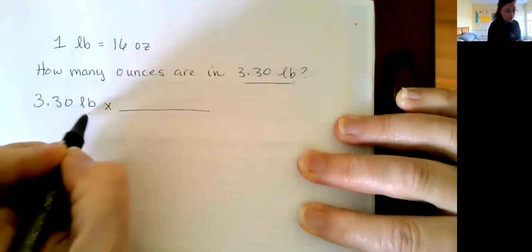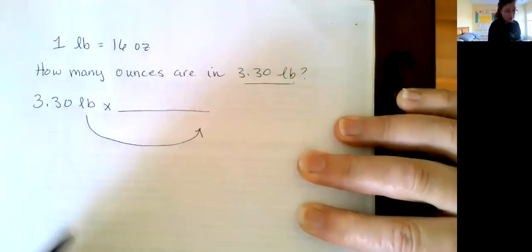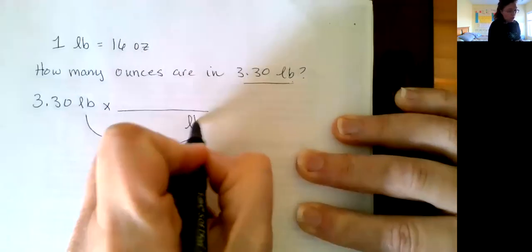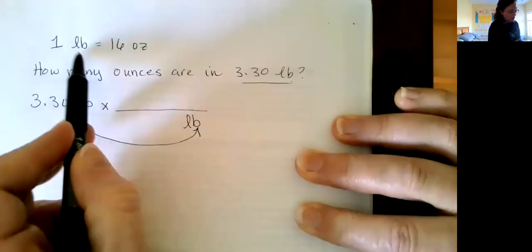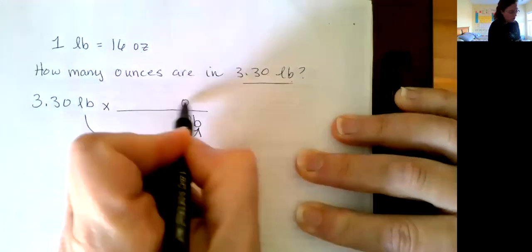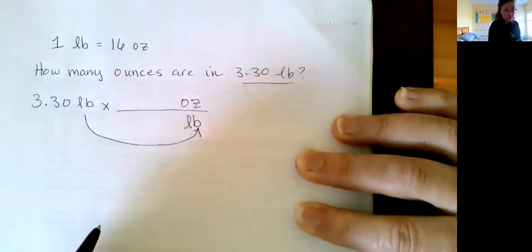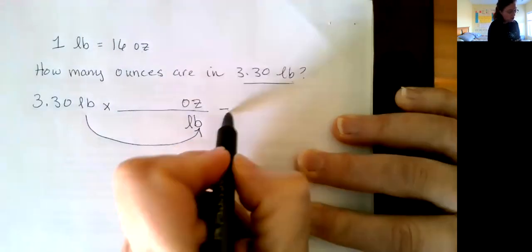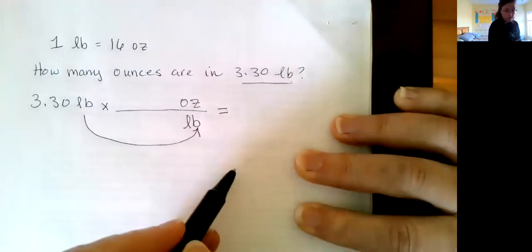To get rid of this unit, I need to put it down here on the bottom. Numbers kind of freak me out, so I'm just going to start with the units first. The pound will go on the bottom, and then the information we have is to convert it into ounces. So ounces will go on top. My final answer is ounces, so I can go ahead and stop here. I don't need to do another conversion factor.